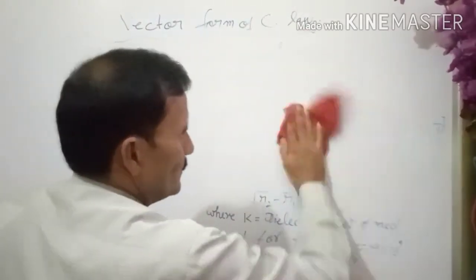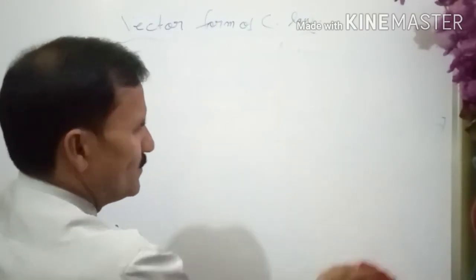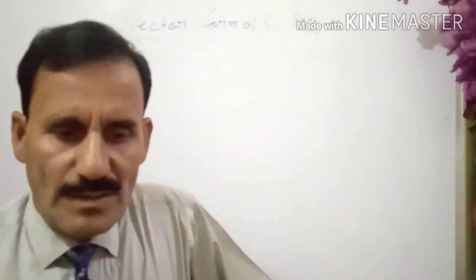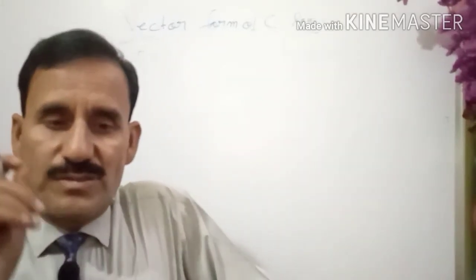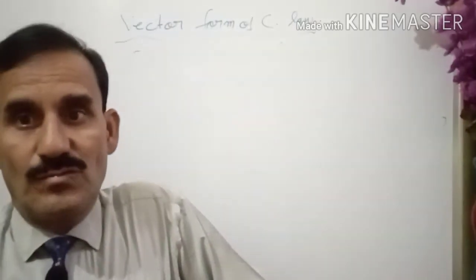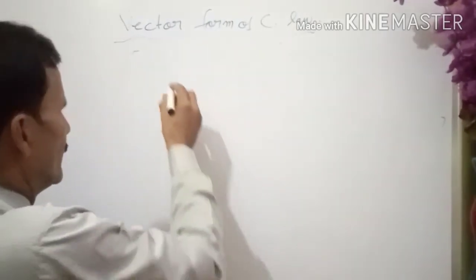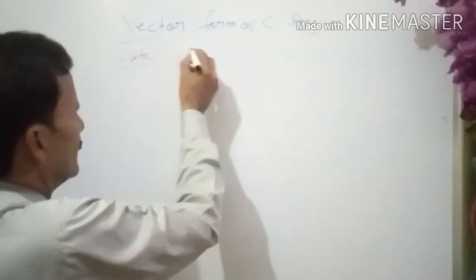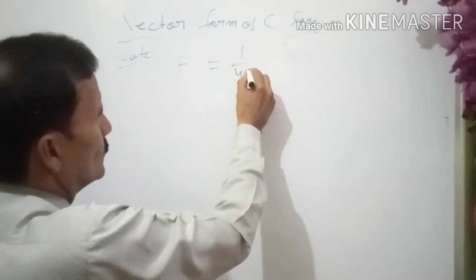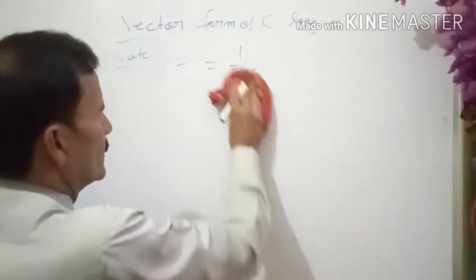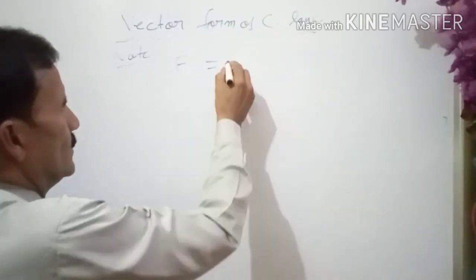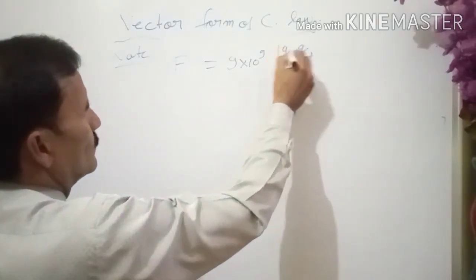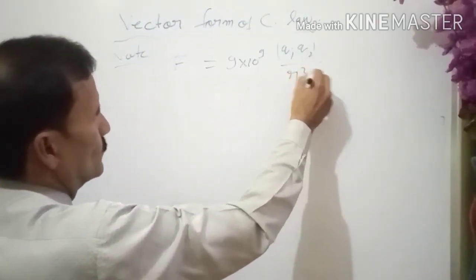Now, till now the unit of charge was Coulomb, and it was defined by Coulomb. So let us take note of a remark. From Coulomb's law, we get 9 into 10 raised to the power 9 and modulus Q1 Q2 upon r square.